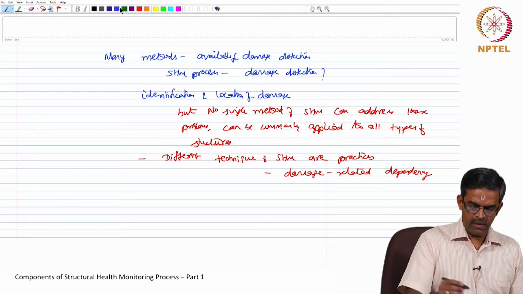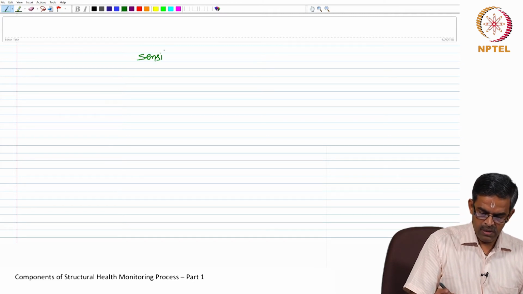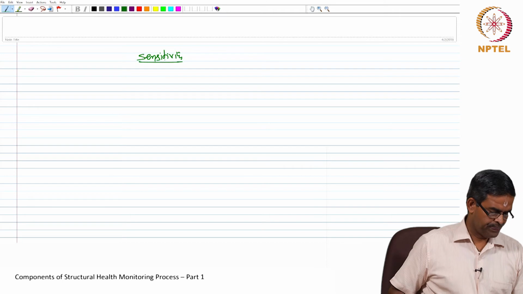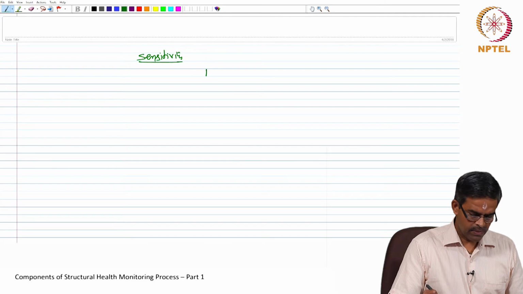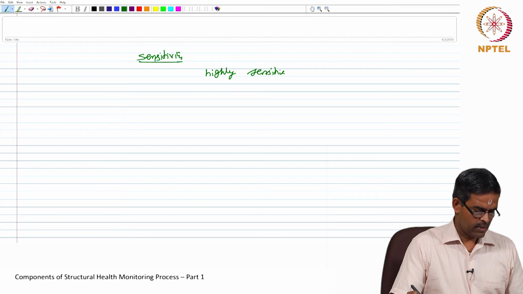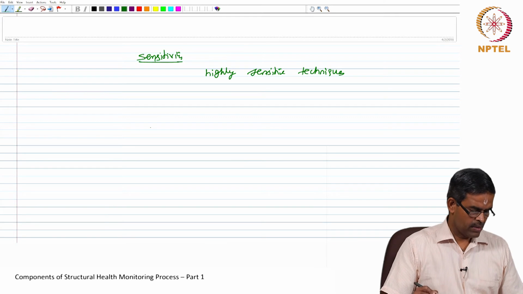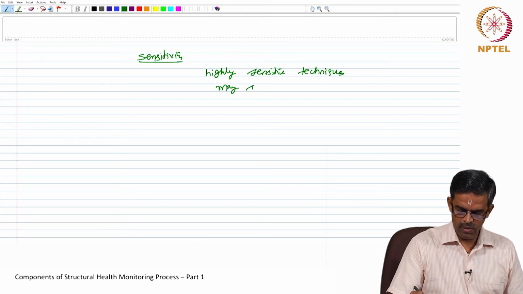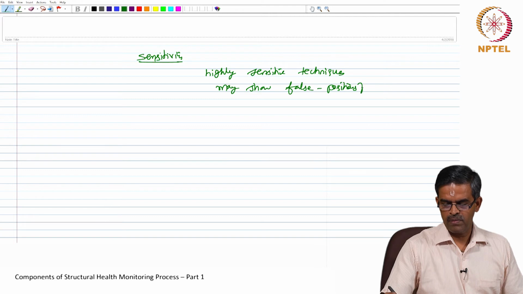There is an important factor in SHM identification which is called sensitivity. It is very important that highly sensitive techniques may show false positive positions of damage location.